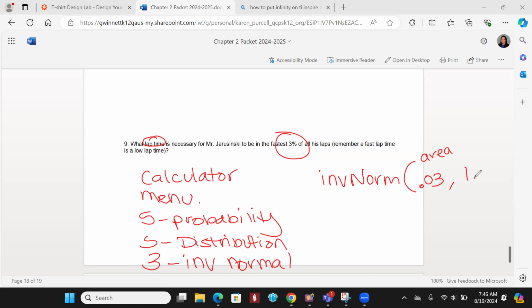Then we want our mean, and then we want our standard deviation. Mean, standard deviation, 0.07. When you type that in, you should have gotten 1.7083.